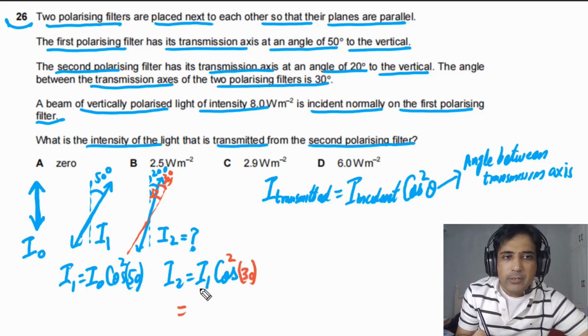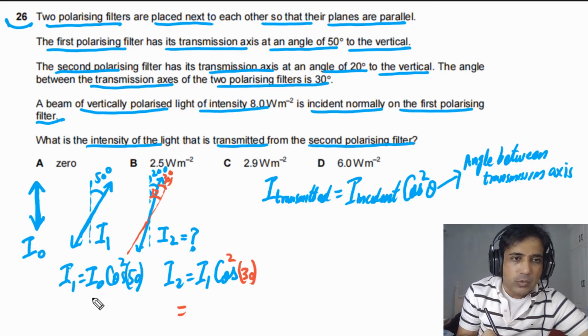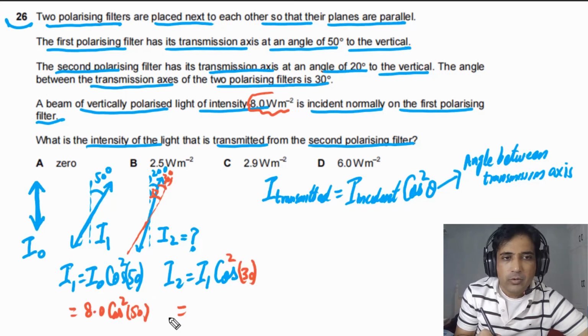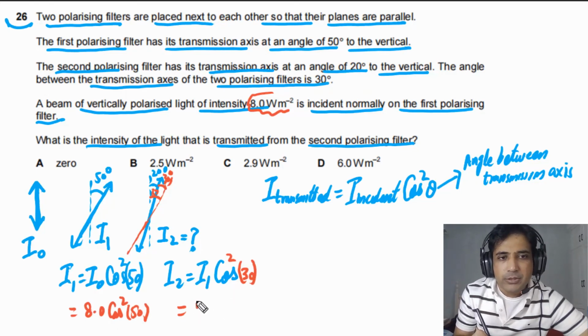Now we can plug in the value of I1. I1 is equal to I naught. But I naught is given, that is equal to 8. So we can simply write down 8.0 cosine square of 50 degrees. So here we can write down I1, this is 8.0.